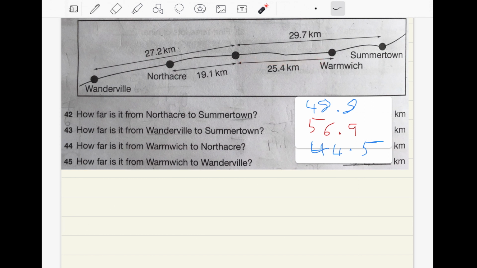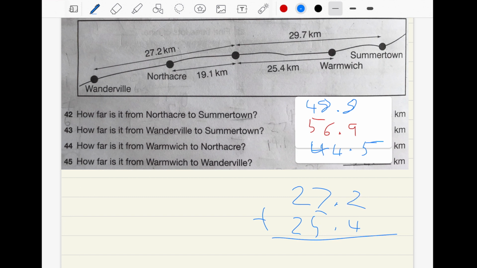So 27.2 km plus 25.4 km. 27.2 plus 25.4. Yeah, that's a 2. I'm going to make it look like a 2 because it looks like a 3.